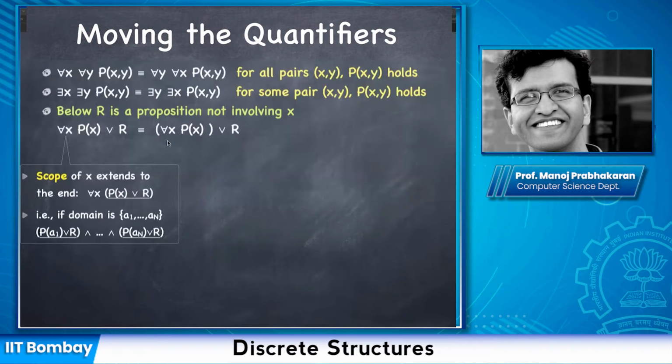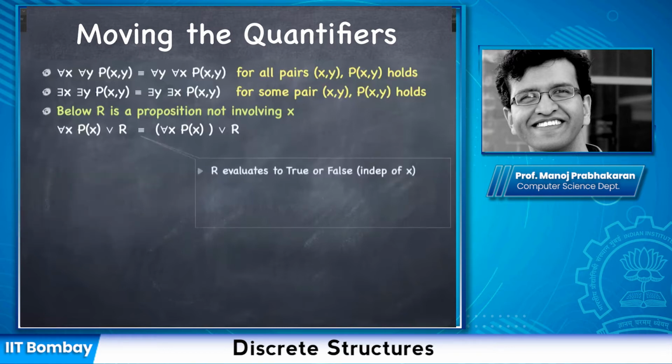So how do you know it actually works for infinite domains also? You will need to give a proof. We'll talk about proofs a little more elaborately later, but here is a quick proof for this particular statement. Here R, remember, is something that does not involve x, and this proposition can take only two values. It can be either true or false.